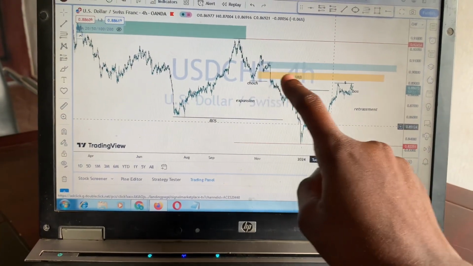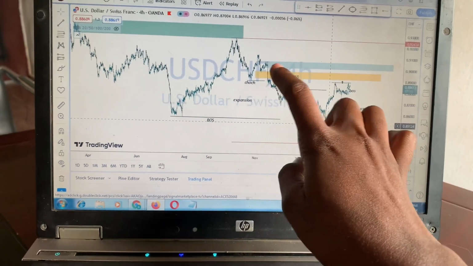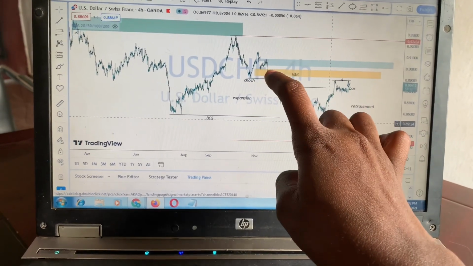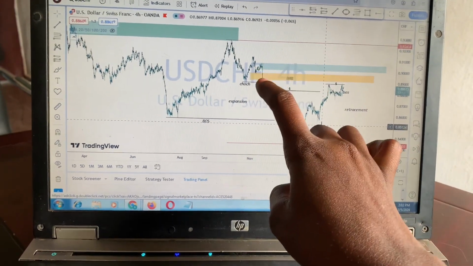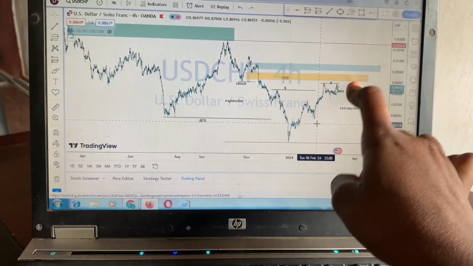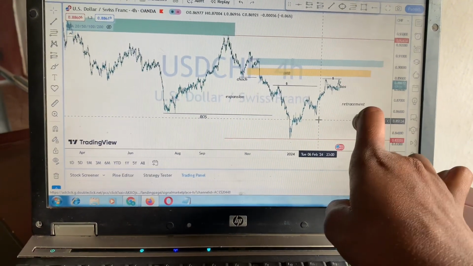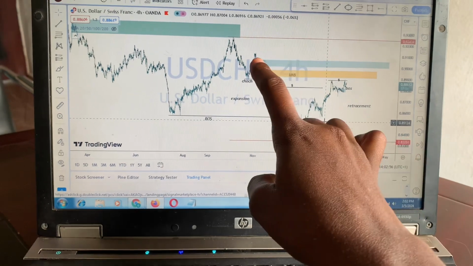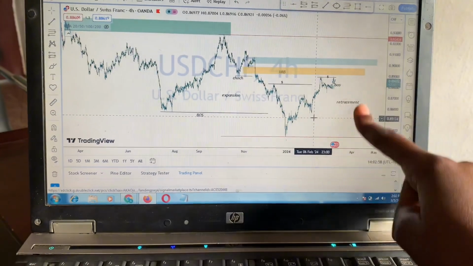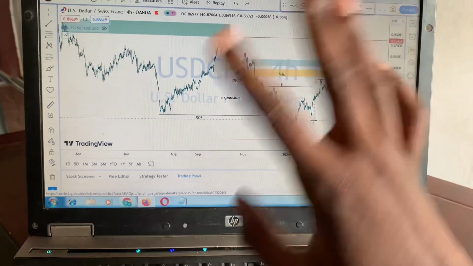You see where I put this yellow box, there's an imbalance, and then price comes back to this imbalance, filling it up, and then either retracing, or going back to these highs here and hitting these highs for a sell. So this is basically what we are looking at.